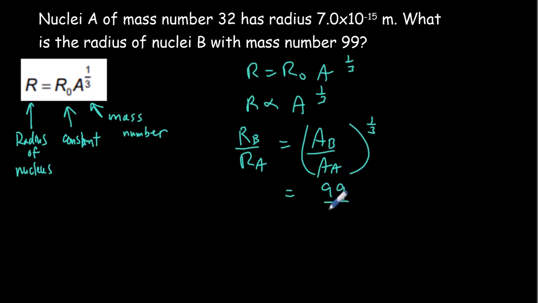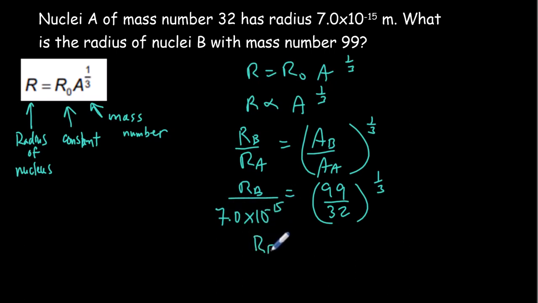Mass number of A is 32. Raise that to the 1/3. And RB is what we're solving for. RA is equal to 7.0 times 10 to the minus 15. So we can solve, and we should get that RB is about 1.0 times 10 to the minus 14 meters.